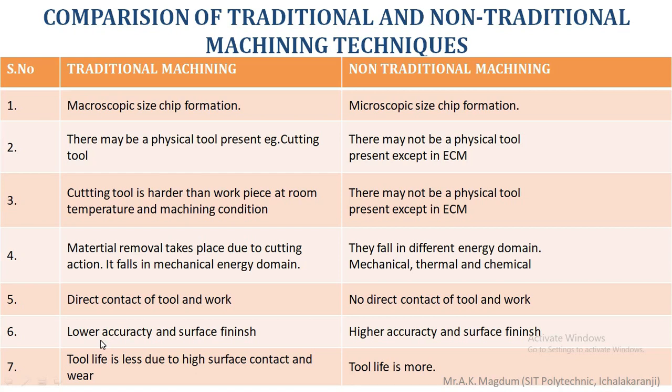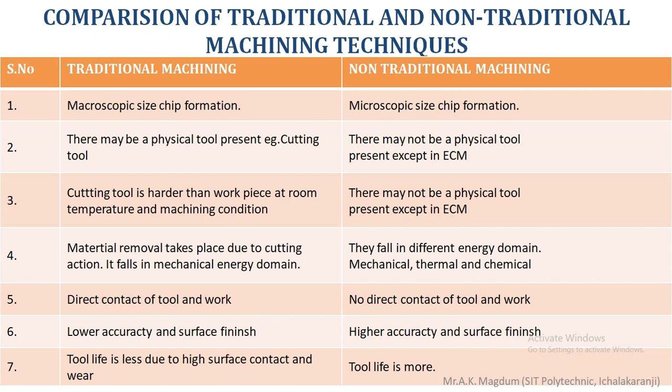Next one is lower accuracy and surface finish. That is the drawback of traditional machining. But in this case, higher accuracy and good surface finish is an important advantage of non-traditional machining. Next, tool life is less due to high surface contact and wear.